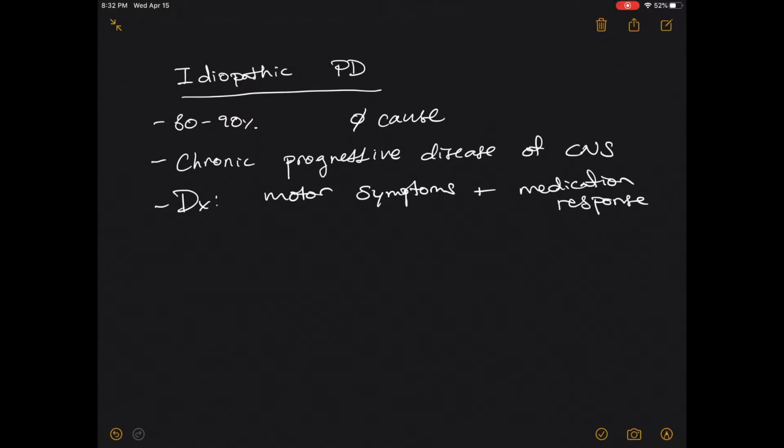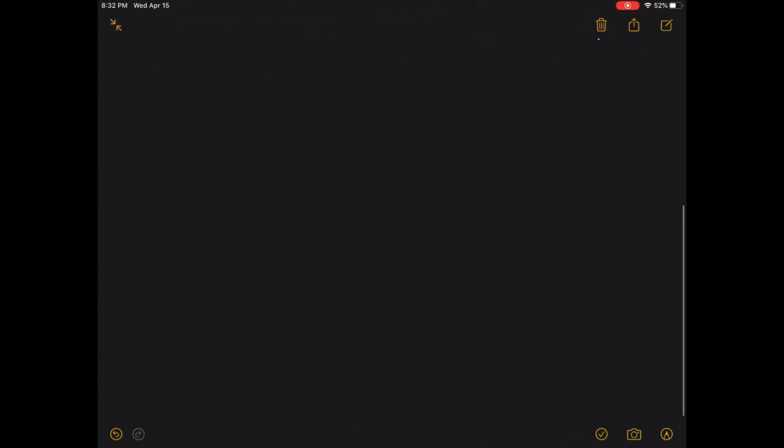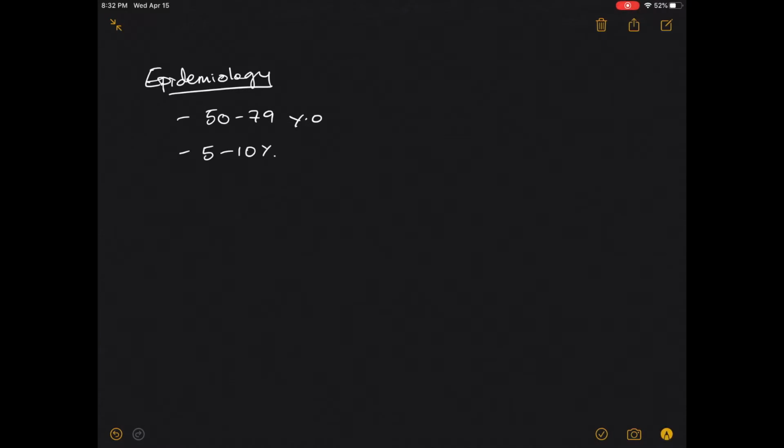So now that you have a brief idea of what Parkinson's disease consists of, we'll go over the epidemiology quickly. The usual onset occurs between 50 and 79 years of age, and around 5 to 10% develop symptoms before 40 years. Its prevalence increases with age.